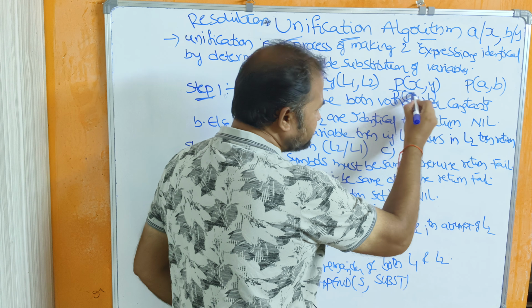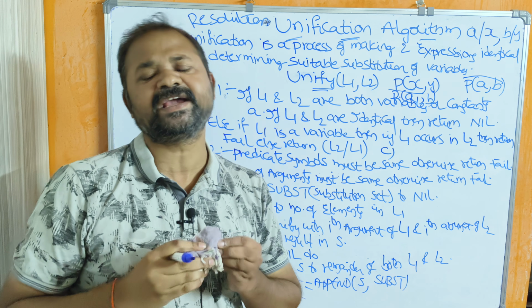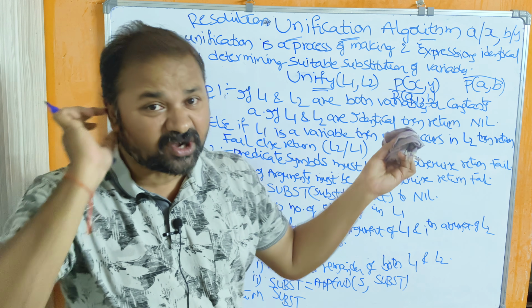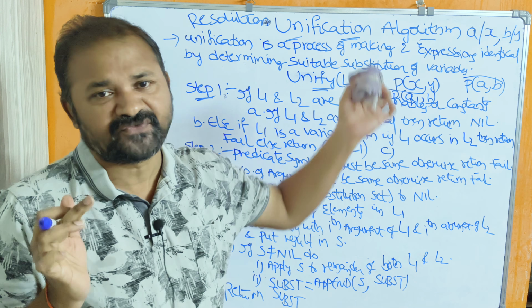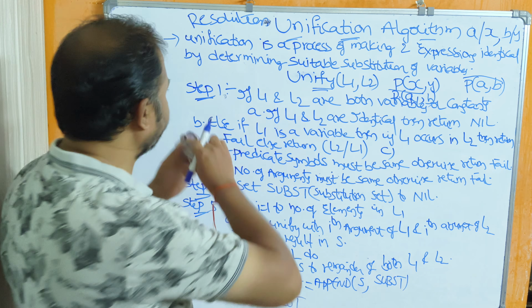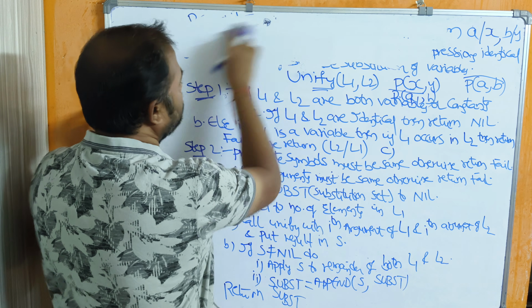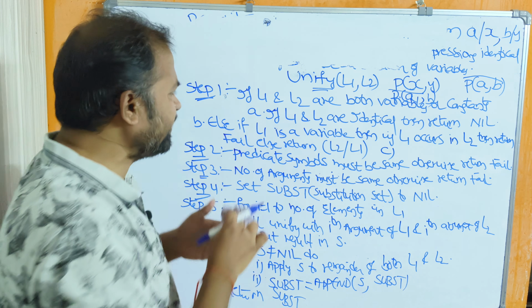Then the first expression and the second expression are both equal. This is called unification, and for this we use the unification algorithm. Okay, so let us erase this space and see the unification algorithm.